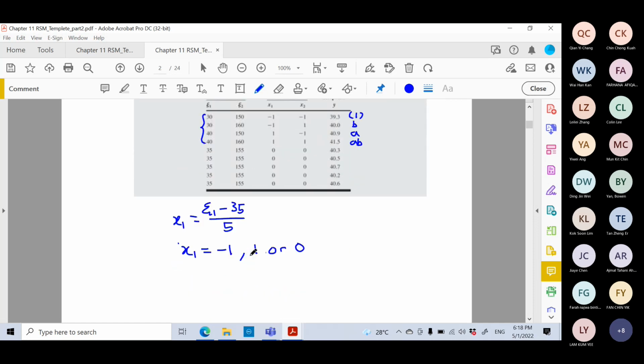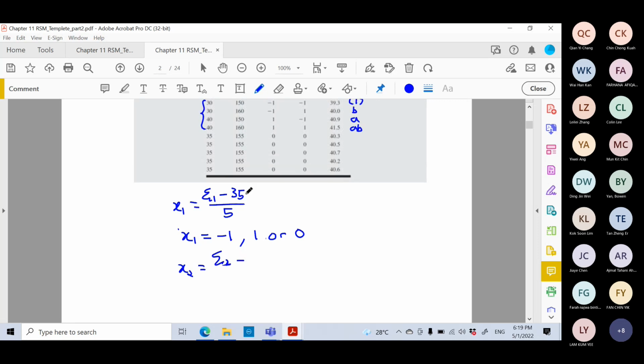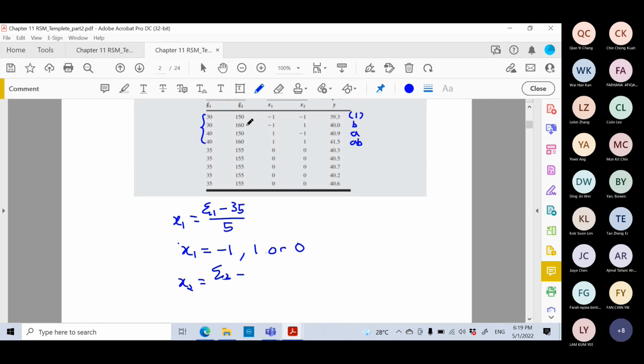For the second one, to get the relationship for X2, X2 will be equal to Z2 minus the average value, 160 plus 150 divided by 2, which is 155, divided by the difference, 160 minus 150, divided by 2, so you divide by 5.